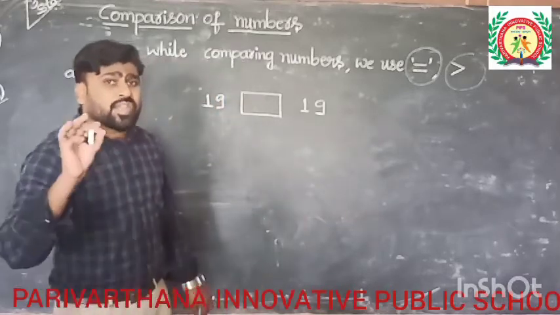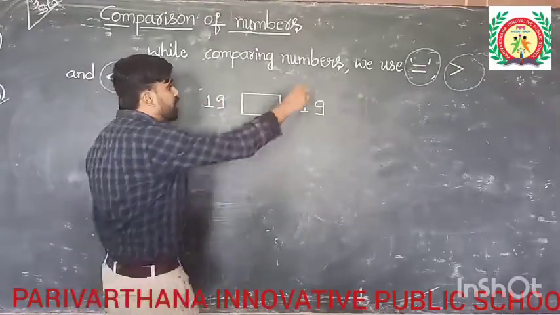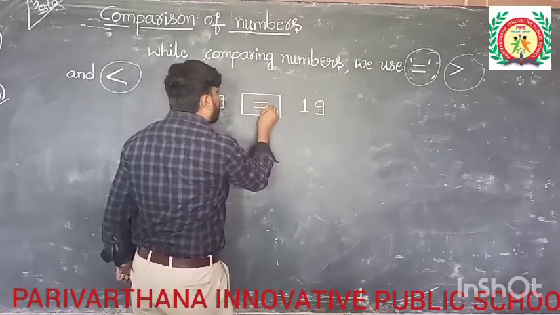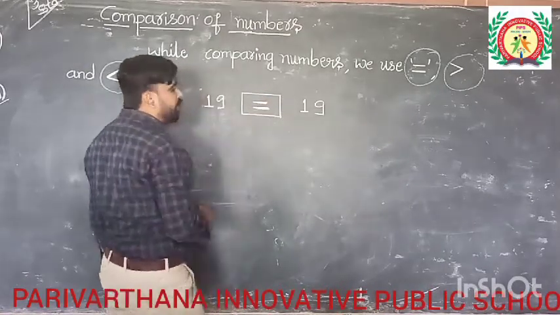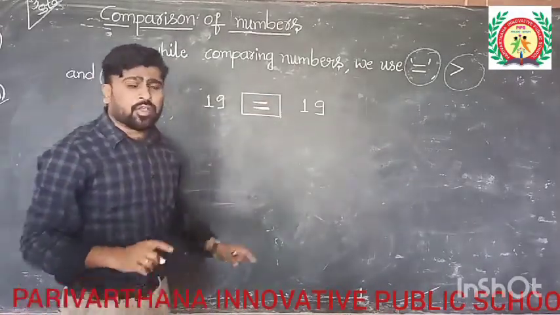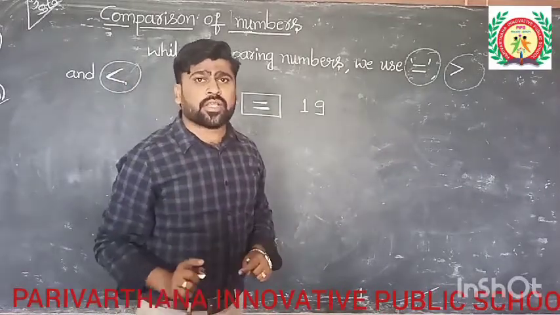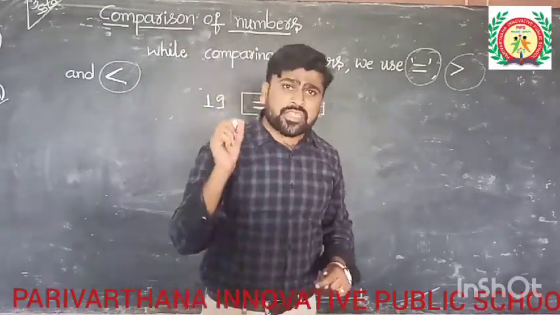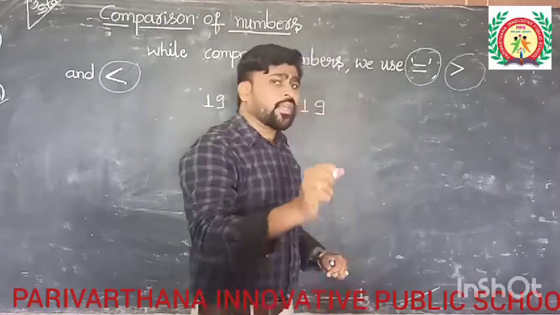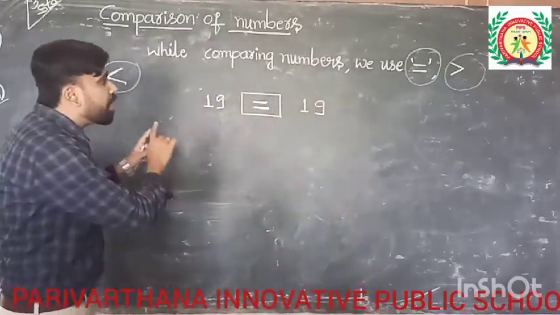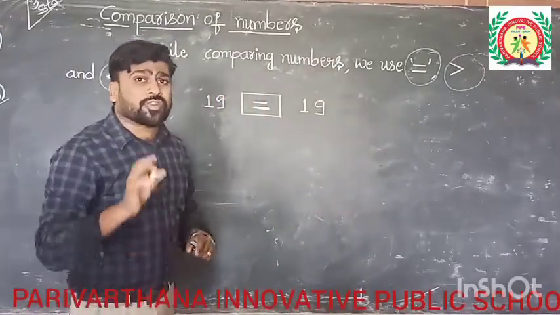That time we have to use the symbol equals. 19 and 19 are both the same, that means 19 is equal to 19. This is one symbol used for comparison of numbers.